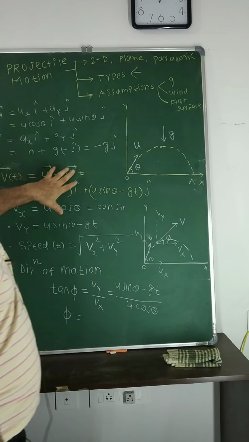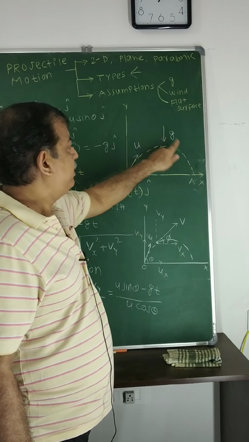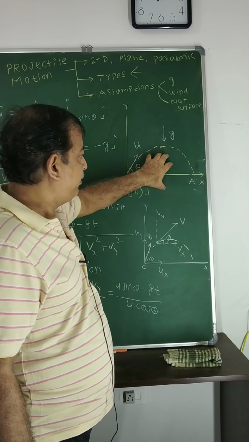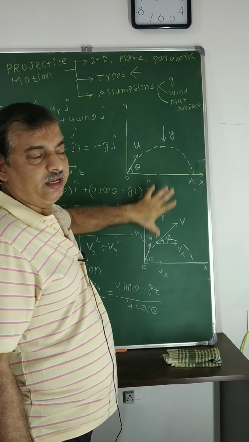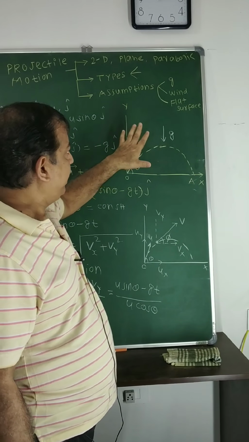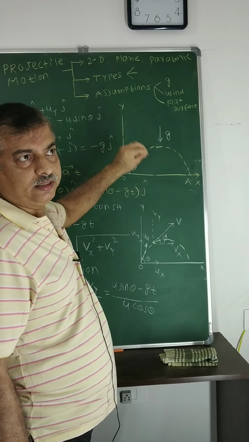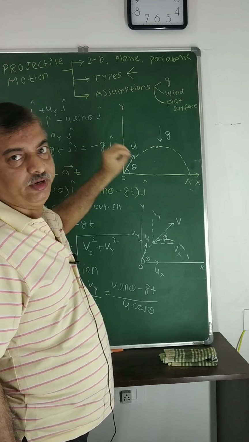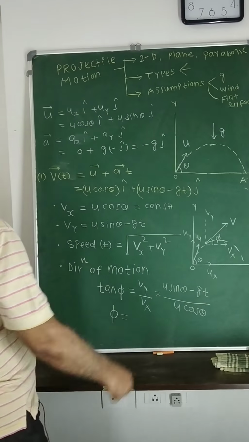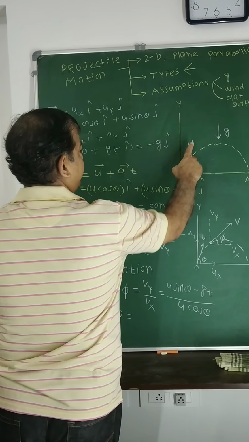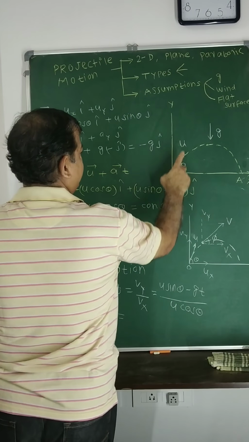In other words, I can say the particle is moving in uniform gravitational field of earth. In other words, the only force acting on the particle is m into g, or it is self weight. Correct?